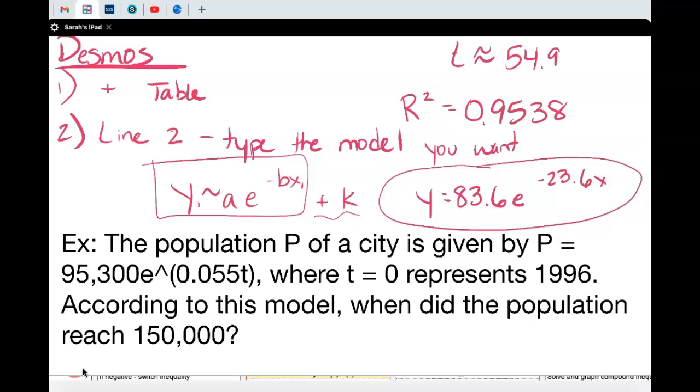Basically, the closer it is to 1, the greater the percentage that this model fits the data. So we're saying it's basically like 95% accurate. That's kind of what that means. Most of the time, with Desmos, if we're doing this, it's going to be in the 0.9s.